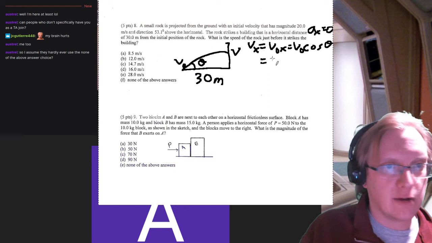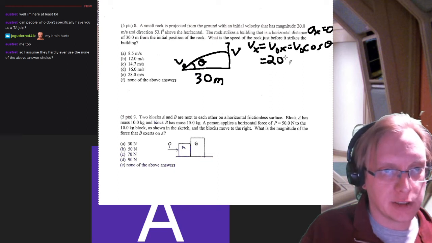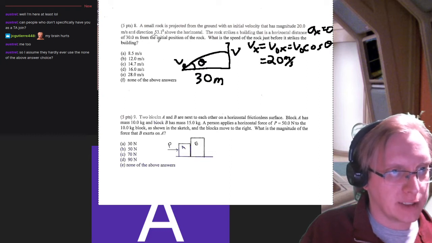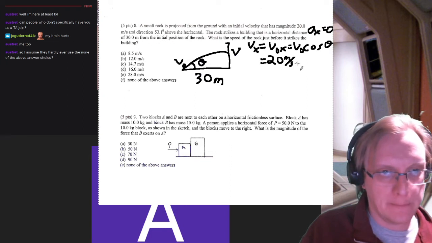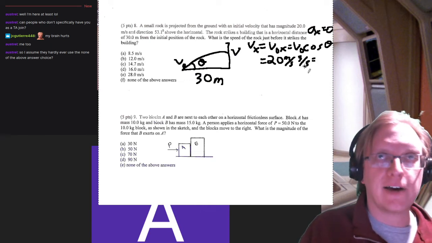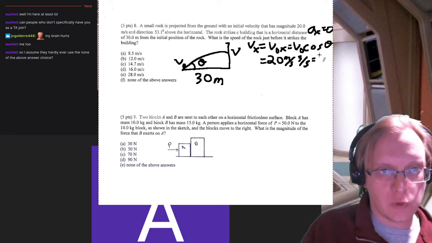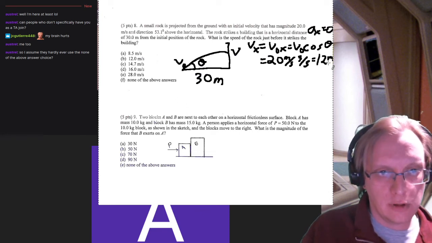So then we have 20 meters per second. We're taking the short end of this one, so that's the 3/5. 20 divided by 5 is 4 times 3 is 12 meters per second.